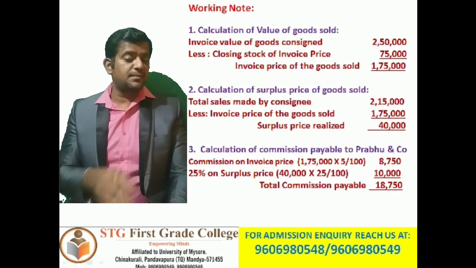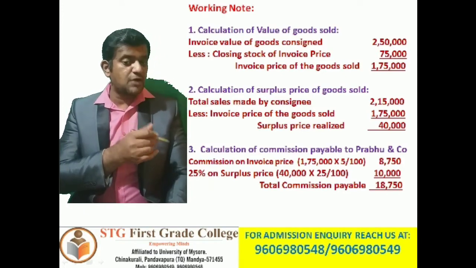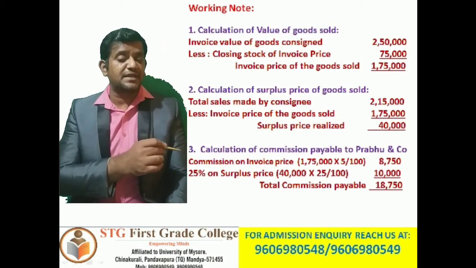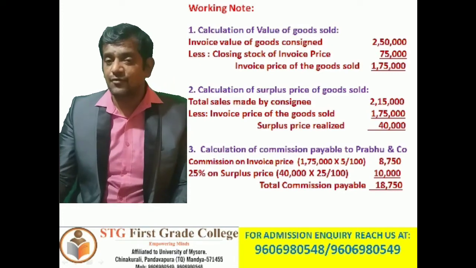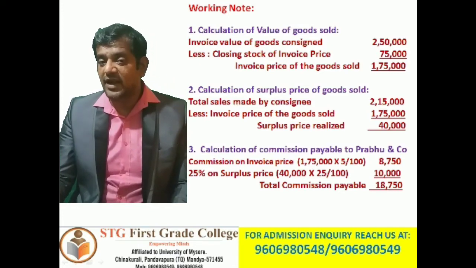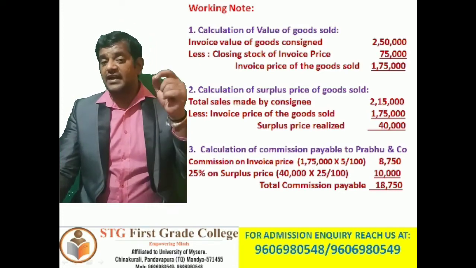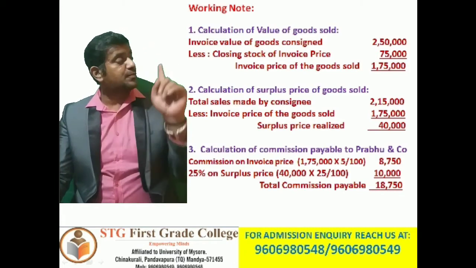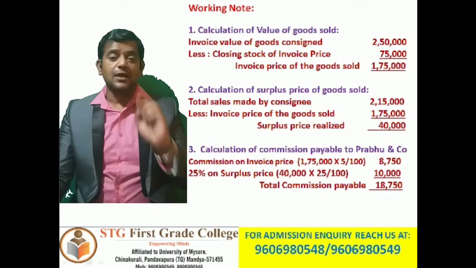Next, working note number 3, which clearly speaks about calculation of commission payable to Prabhu and Company. So we are calculating here what? Commission payable to Prabhu and Company. See, to find out the commission payable to Prabhu and Company, we are supposed to do all these 3 working notes.